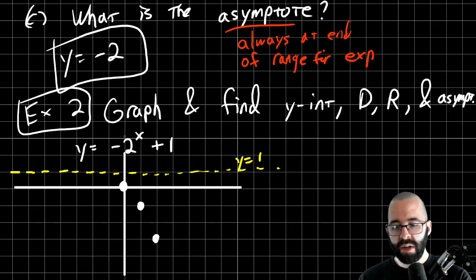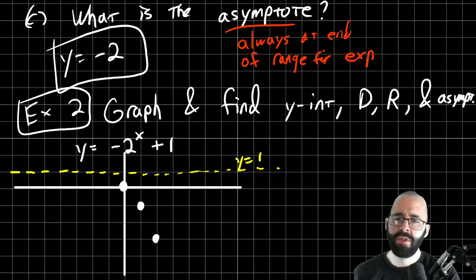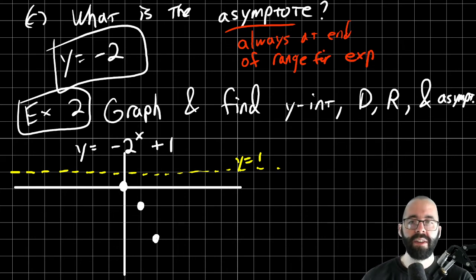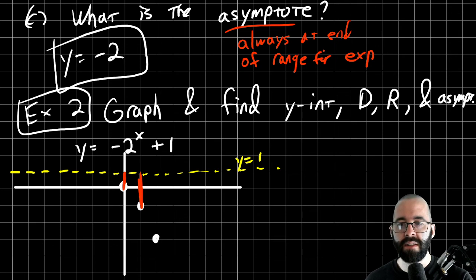And to do that, we're going to look at the growth factor, 2. This says every time we move 1 unit to the right, we double. Normally we double, but here we're going to double the distance from the asymptote. This point is 1 away from the asymptote. This is 2 away from the asymptote. And this is 4 away from the asymptote.